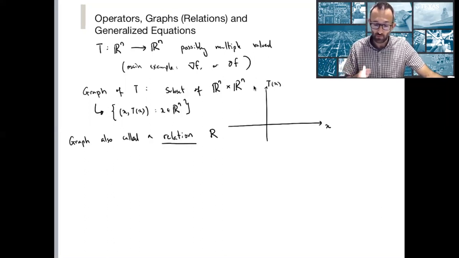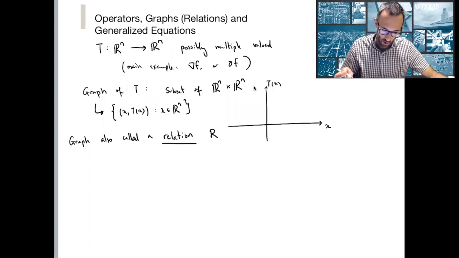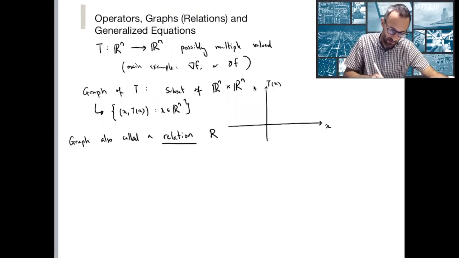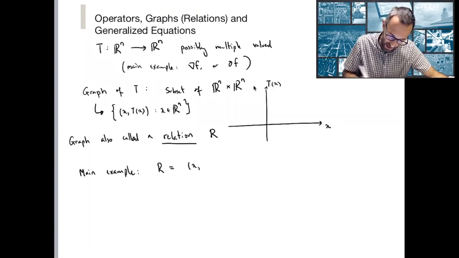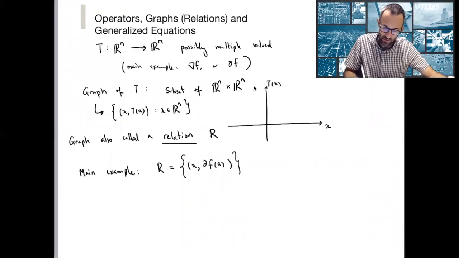When we have multiple valued mappings, it's not natural to define, or we need a little bit of work to take care to define an inverse appropriately. So again, our main example for us is going to be R is x, subdifferential f of x, this collection.